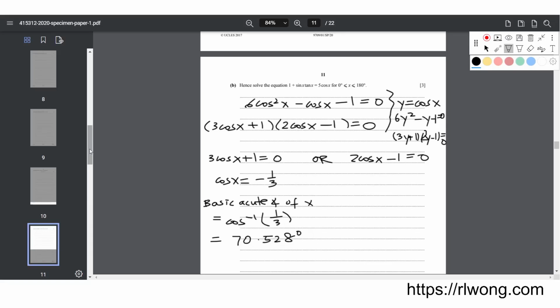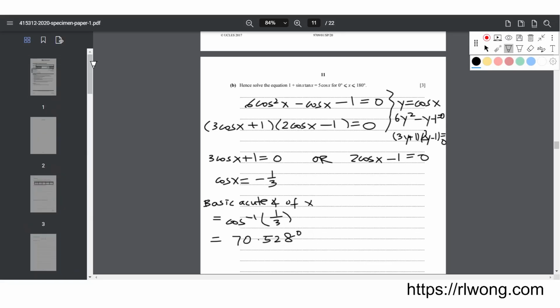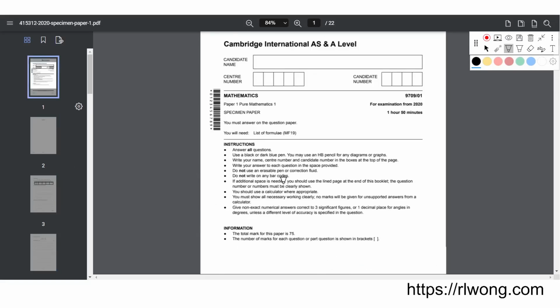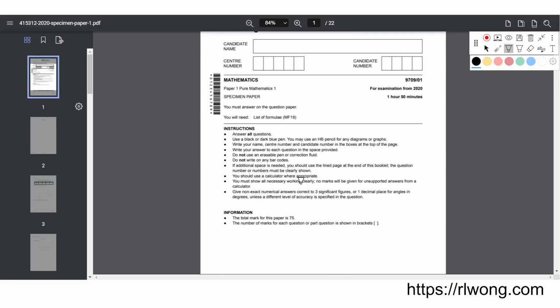Okay, I write maybe 3 decimal places because later on I need to round it off to 1 decimal place. Why do I need to round it off to 1 decimal place? This is because if you look at your exam paper, it says to give non-exact numerical answers correct to 3 significant figures or 1 decimal place for angles in degrees unless a different level of accuracy is specified in the question. So the question did not specify what to round it off to, and we did not get an exact value.